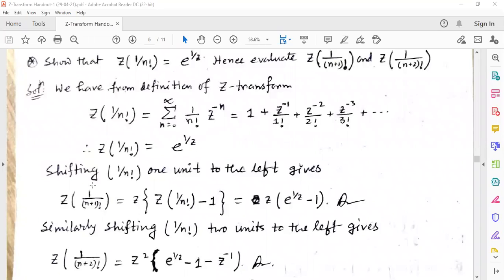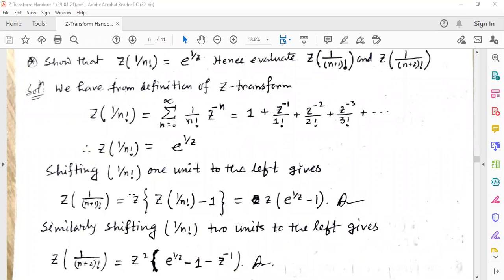Now we are using the shifting property. Shifting 1 by factorial n, 1 unit to the left, gives the z transformation of 1 by factorial n plus 1.